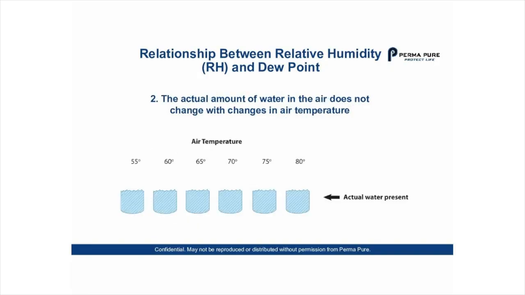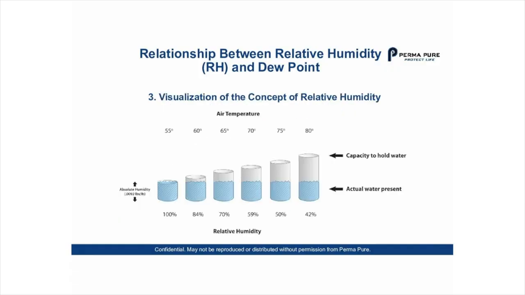The next slide shows the actual amount of water in the air, which remains the same as the temperature changes. If there's water present in the air and the temperature changes, naturally the amount of water doesn't change. Once we overlay those two together, we can see the relationship between relative humidity and dew point and visualize the concept of relative humidity a little bit better.